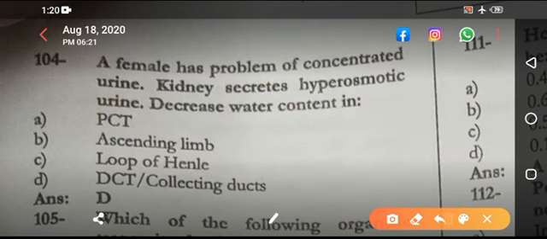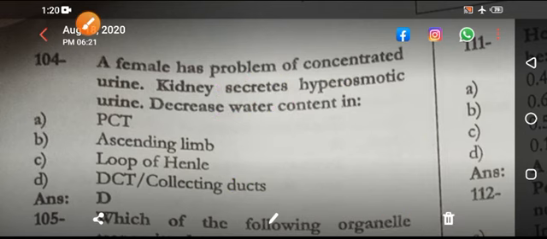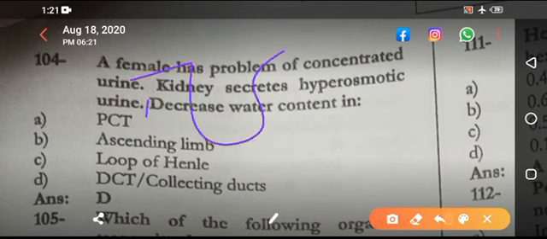If there is hypoosmotic urine, what does that mean? Osmolarity of urine is low, and that is which disease? Diabetes insipidus. In diabetes insipidus, we have two problems, either central or peripheral. So they can ask about the peripheral. Which portion is having the problem in diabetes insipidus?